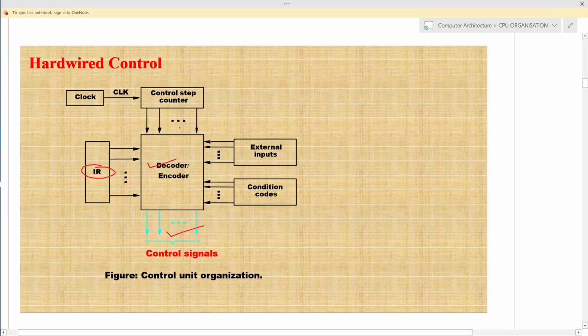The encoder, with the help of the step decoder, the instruction decoder, other external inputs and condition codes, generates the control signals. A more detailed diagram separating the encoder and decoder is shown here. In the next diagram I will describe the operation of each unit one by one.